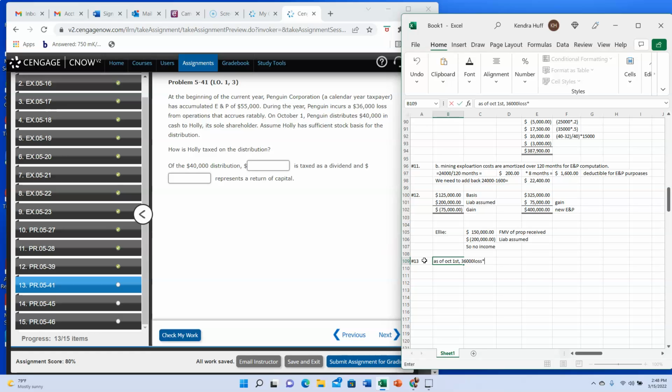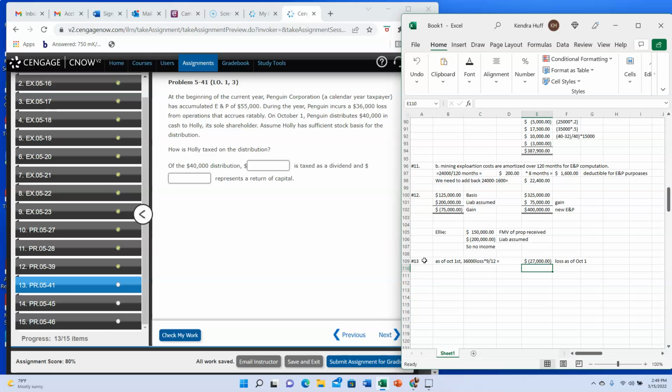And it had been 9 months. So that's loss as of October 1st.